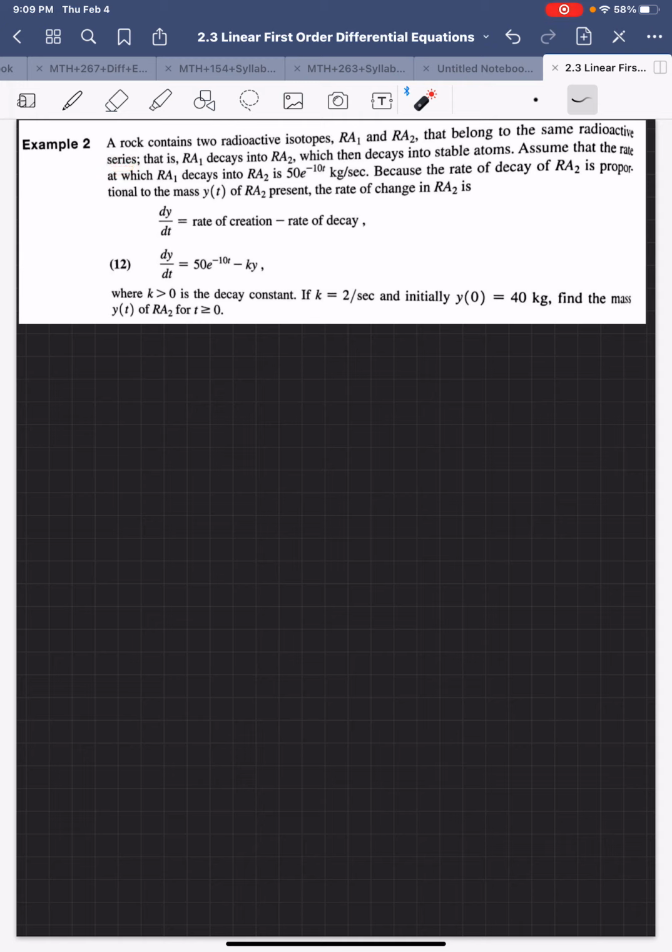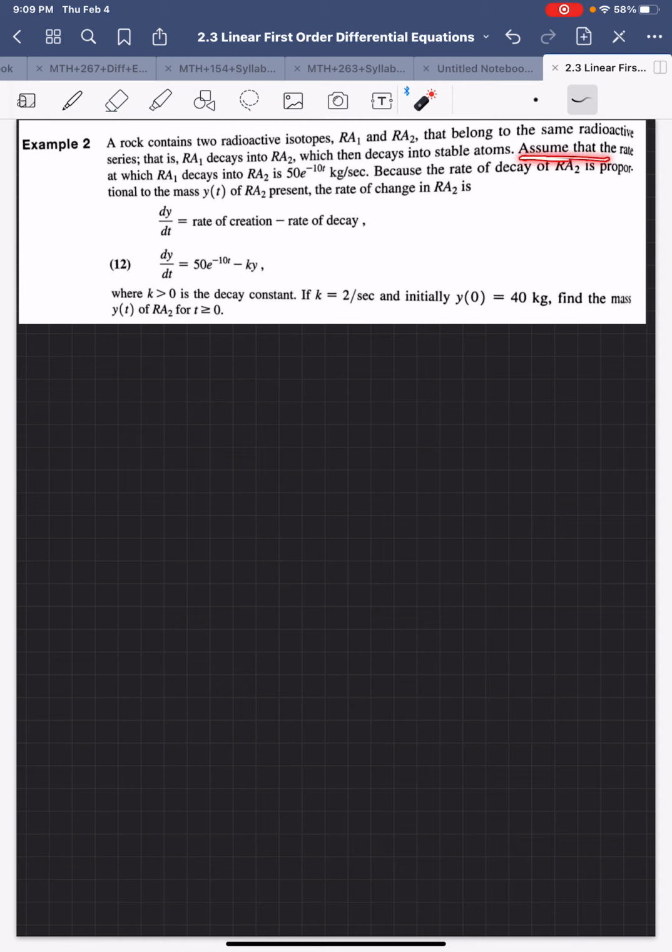That is, Ra decays into Ra sub 1, which decays into Ra sub 2, which then decays into stable atoms, right? Okay, so we better not need to know anything about chemistry, because your professor understands nothing about chemistry except the basics. So let's see, they better give us some more information.